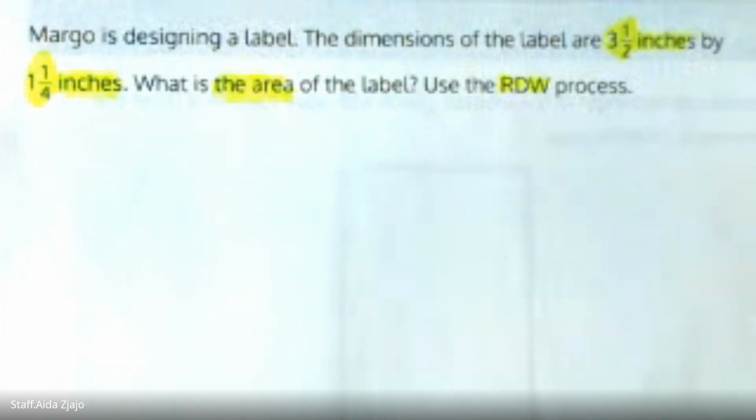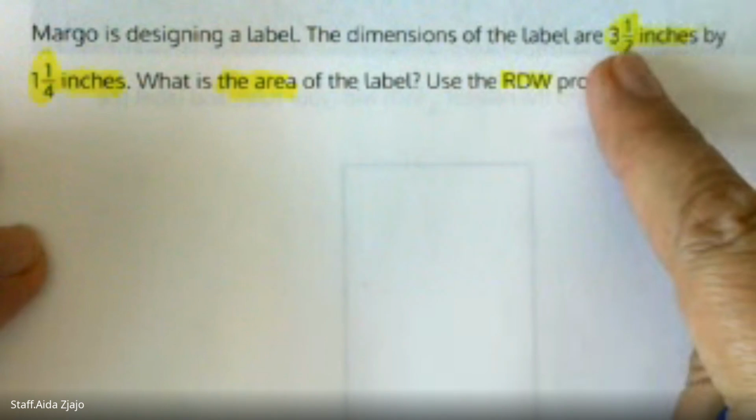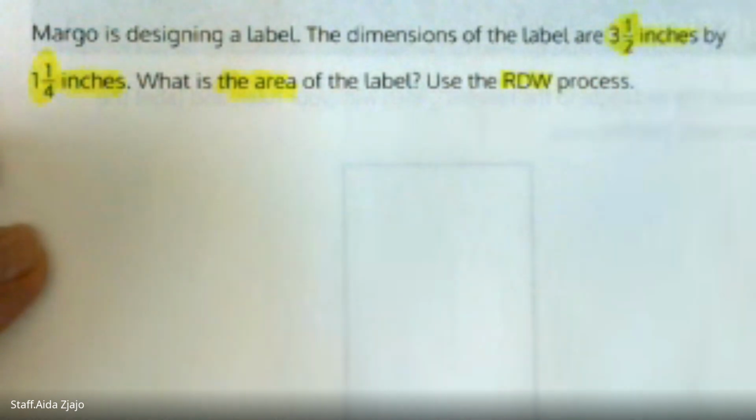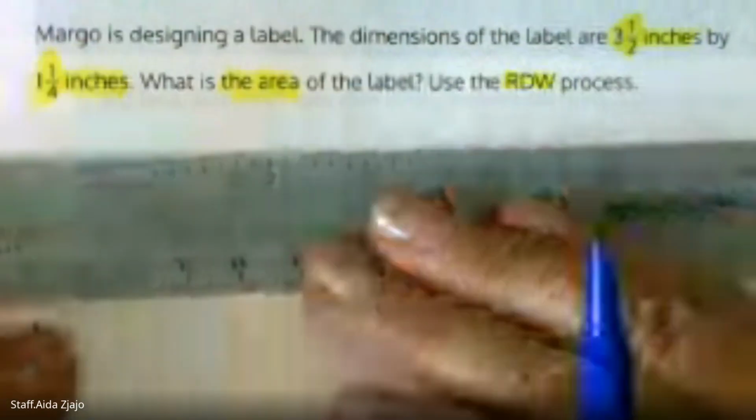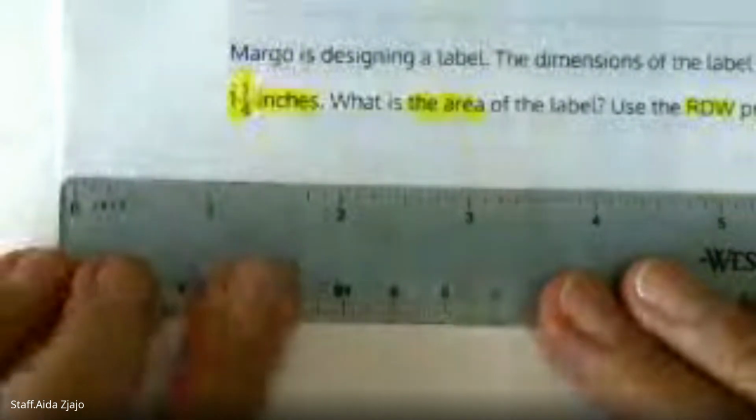Okay, so by knowing this, we can sketch that the label is 3.5 inches long. If I take my ruler, I can make an edge to the edge of a paper, but I'm going to start about right here.